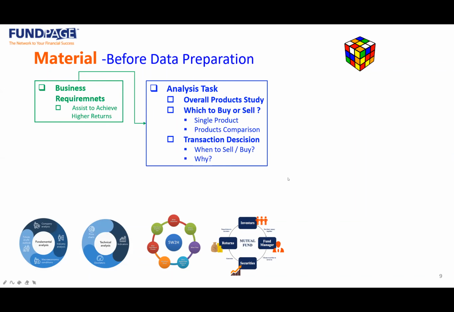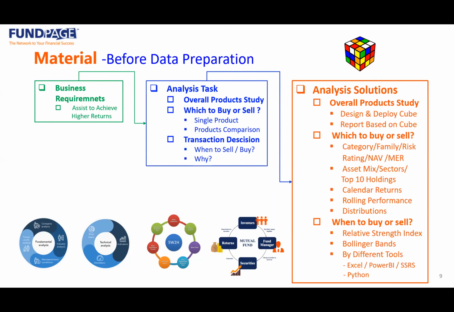The third step is to get analysis solutions. In Team 1's solutions, for the overall products study, we design and deploy a cube and build reports based on the cube. For individual products analysis, we analyze all the indicators and parameters of the individual products, and then conduct a comparison between different products.